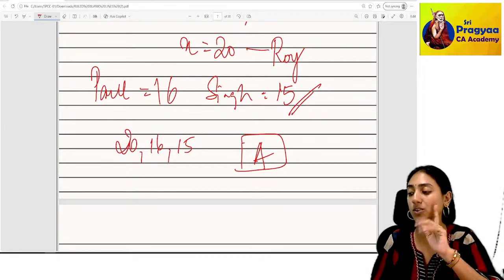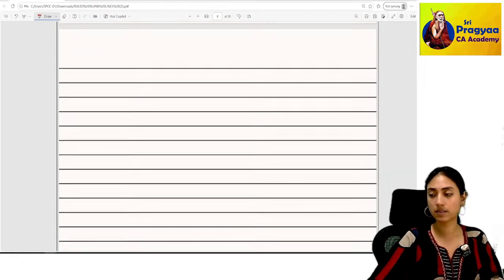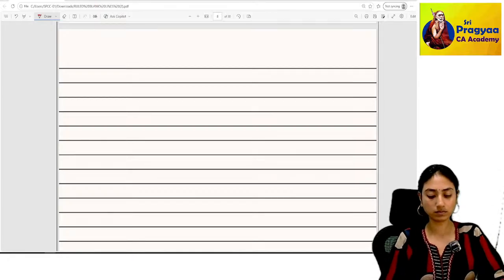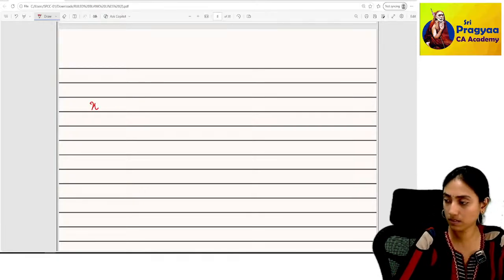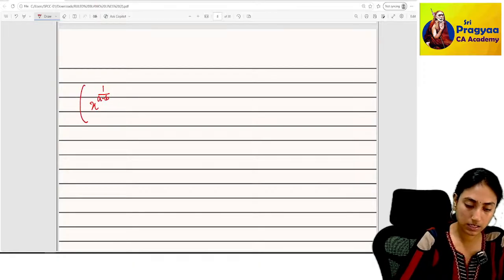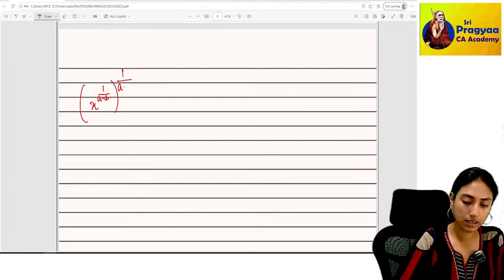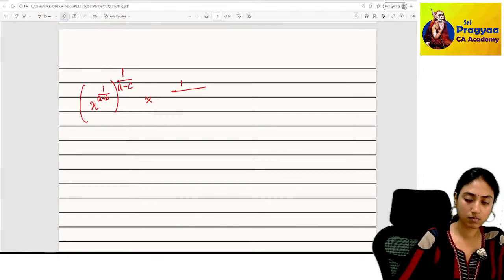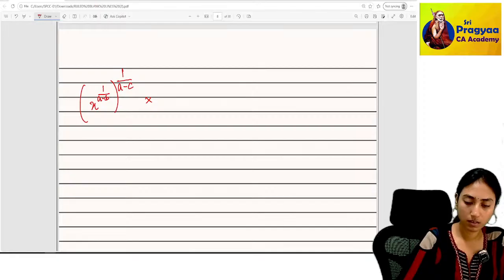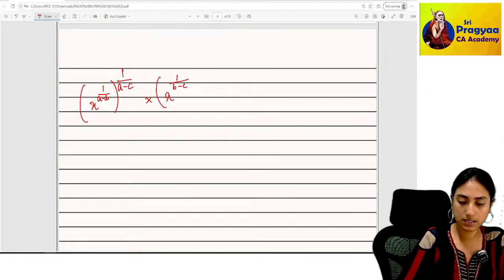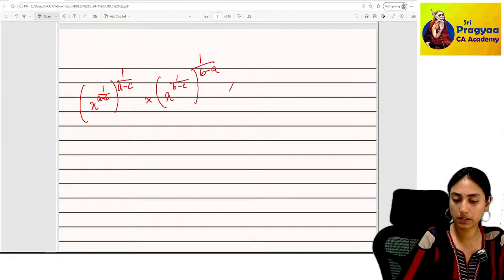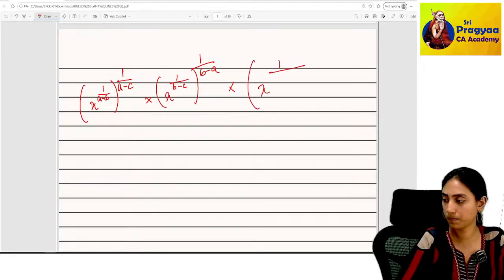How did you start with? Okay, the problem reads as x power 1 by a minus b, this whole thing 1 by ac, into x power 1 by b minus c, the whole thing 1 by b into x power this whole by.